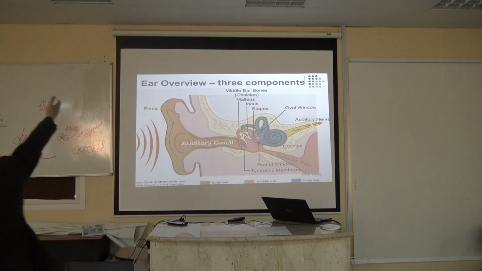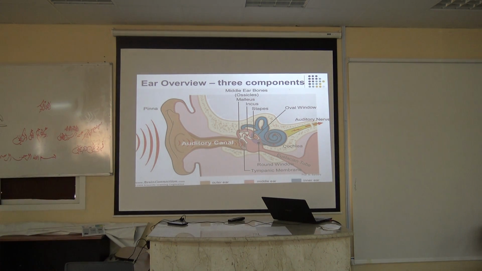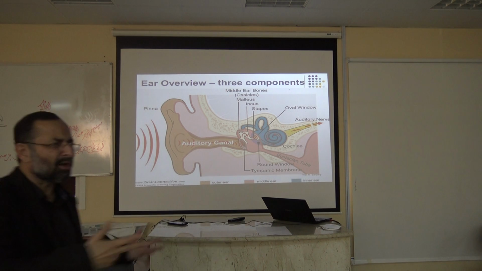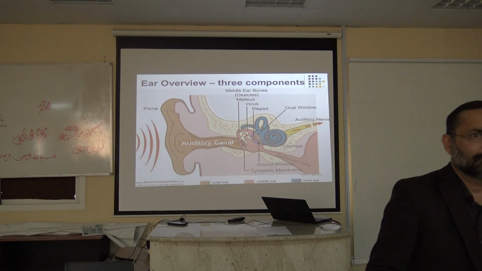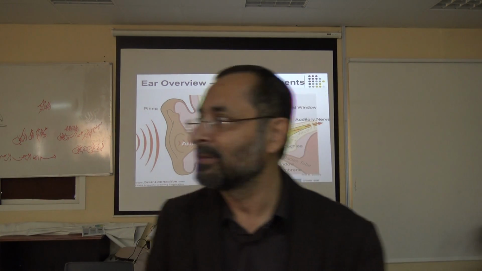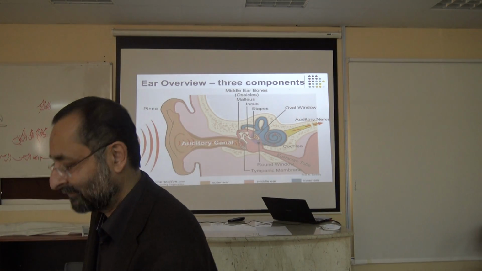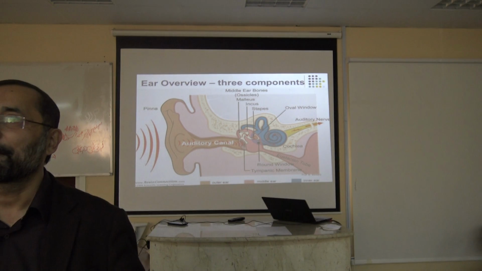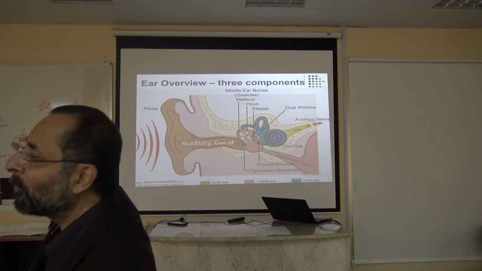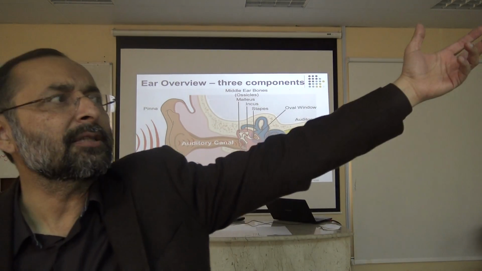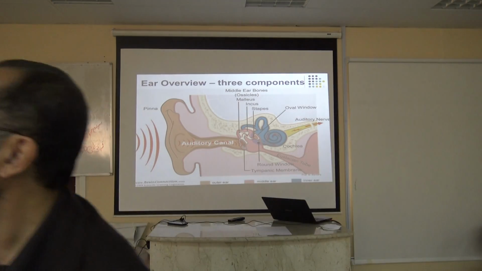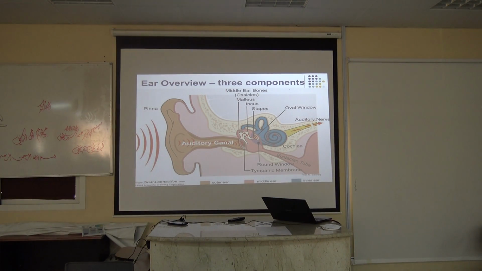What about this one? Back wall. It is bony, true. It's not bony actually. Anything special about this wall? See, on that side you imagine, the internal layer is medial. Here, the external layer is lateral.